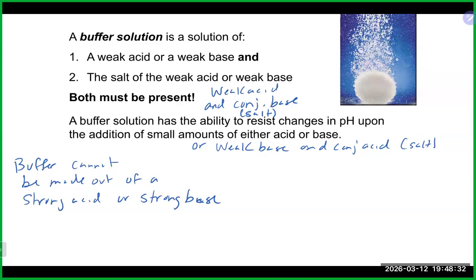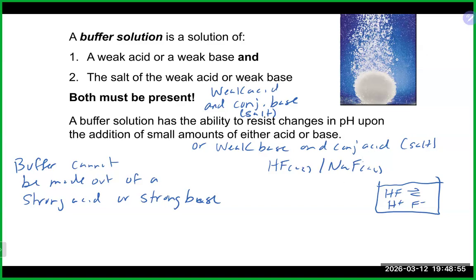So for example, if I made a buffer out of hydrofluoric acid and sodium fluoride, when I put hydrofluoric acid into a beaker, it is a weak acid, which means it will set up the equilibrium in that beaker and produce both of these.